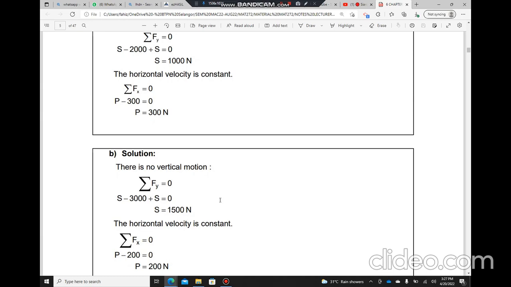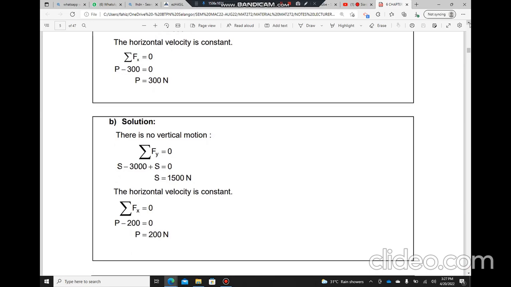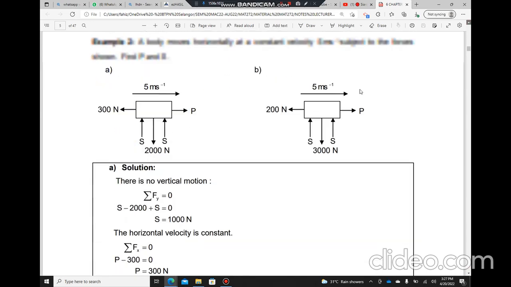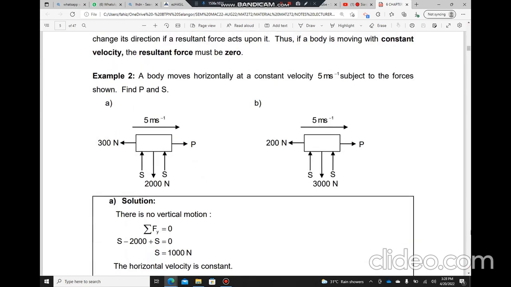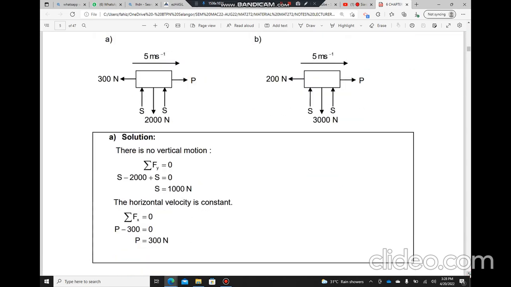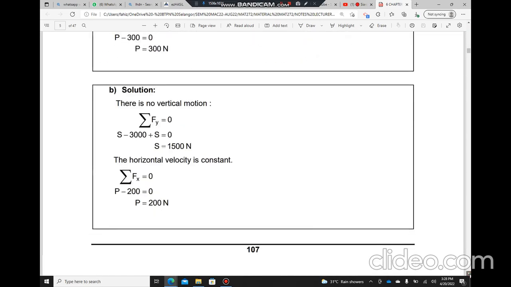Okay, so this one untuk solution B. Maksudnya S ni kan dia ada dua S kan. So 2S equals to 3000. So S equals to 1500. Ni sama sebab apa ni dia just constant velocity. So 5ms. So dia tak effect pada problem kita untuk velocity.